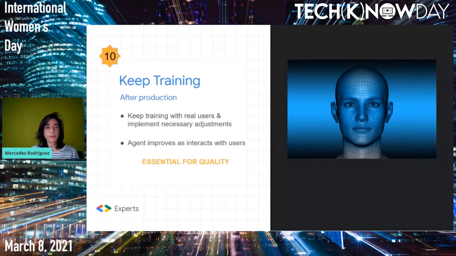This usually can be like 1 month or two, but that depends. If it's an agent that we are scaling all the time, we need continuous training. But if it's just something that you put for a scope and it's going to answer just that, maybe 1 or 2 months of training with real users is enough. And with that you can get very good levels of quality.